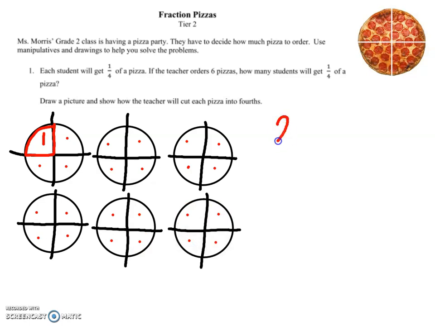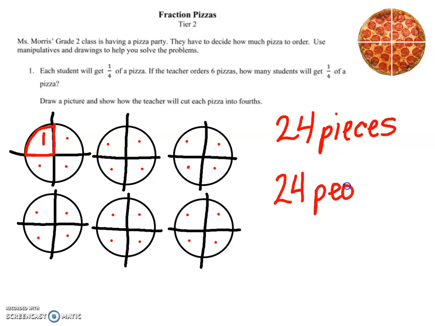So I have 24 pieces, right, or parts. And if every person gets one of those, how many people can I feed right now? Yeah, I have 24 pieces. Well, I can feed 24 people. So 24 of those students I can feed.